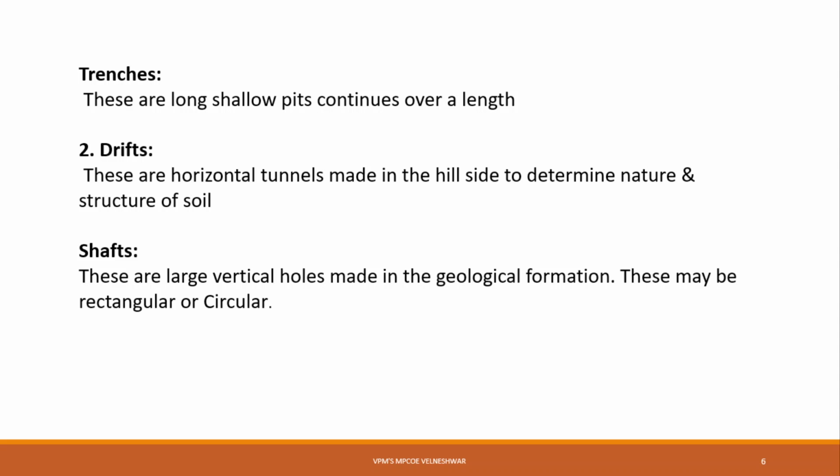IS 4453 1980 recommends minimum clear dimensions of 1.5 meter width and 2 meter height in hard rock, and in soft rock an arch roof is more advantageous than a flat roof. So while doing drifts, the minimum clear dimension is 1.5 meter width by 2 meter height for a tunnel purpose, right? And for loosened soil we'll go for an arch-like structure.